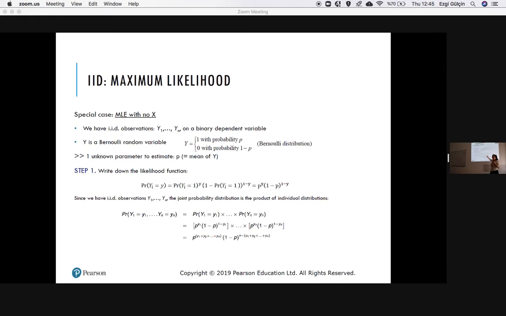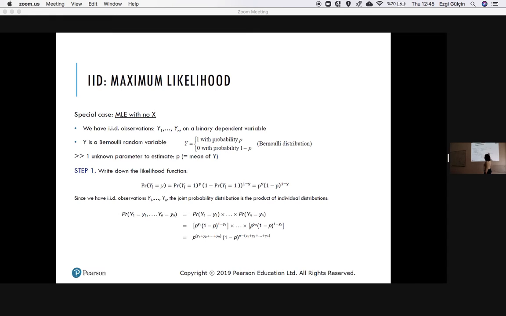This individual probability distribution, if the observations are IID, if we multiply these individual probability distributions, we get the joint density function of all our observations, if the observations are independently and identically distributed. So given that the probability of each observation can be written in this way, because this is the probability that y is equal to 1 to the power y, and then 1 minus the probability.